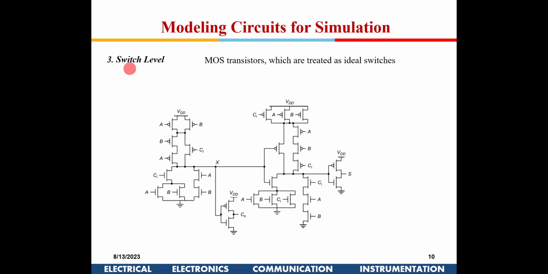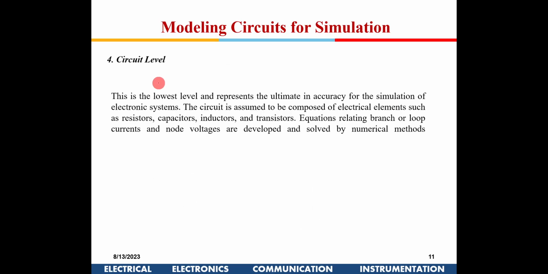At the switch level simulation, each of these transistors is modeled as a switch. There is no current or anything, it is just a logical switch which is either on or off. That is known as switch level modeling.